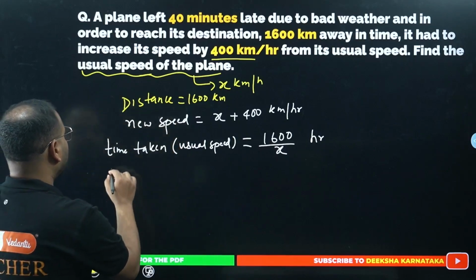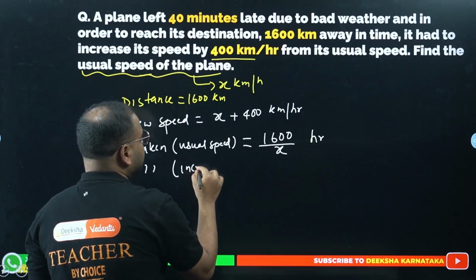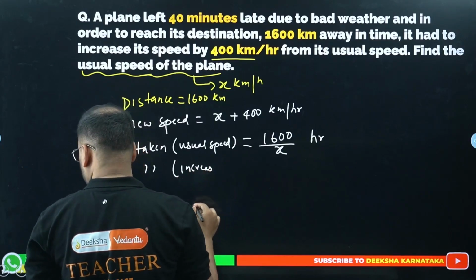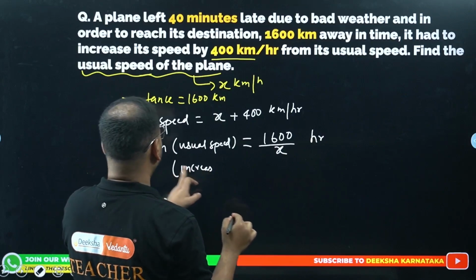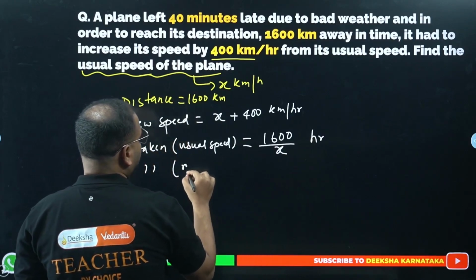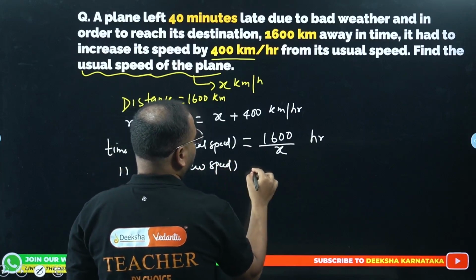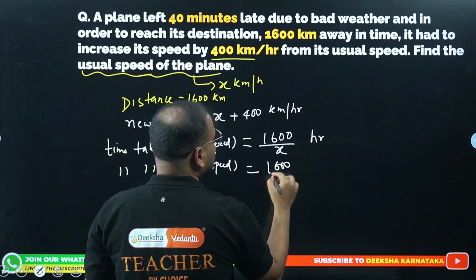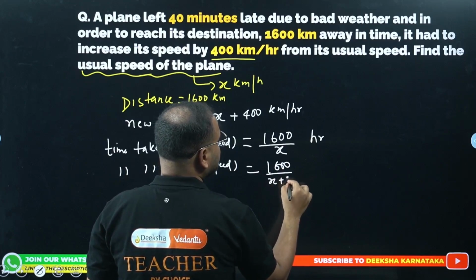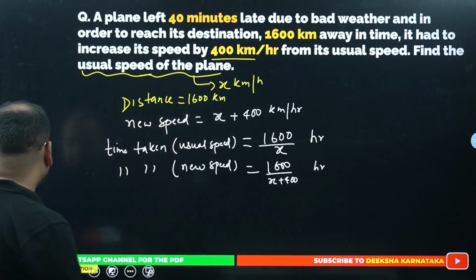Great. Now same thing: time taken with increased speed, or let me write this as new speed only. Why confuse you? The new speed is actually the increased speed. With new speed, distance will remain the same. Speed is changed to x plus 400, in hours. Now tell me which is bigger.